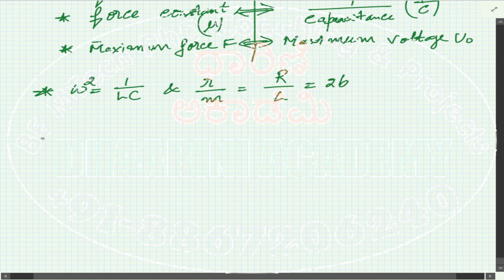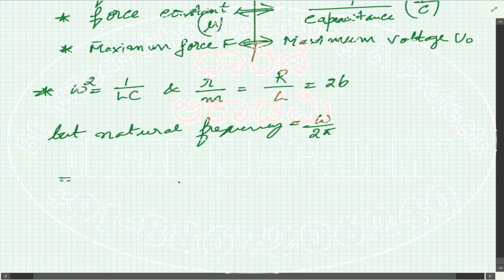So what is the natural frequency? The natural frequency should be equal to omega by 2 pi. Since omega square is equal to 1 by LC, I can write omega is 1 by root of LC.